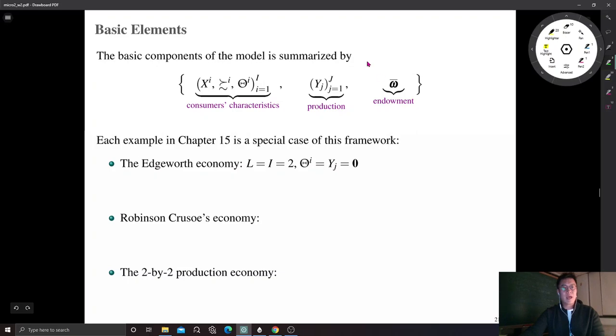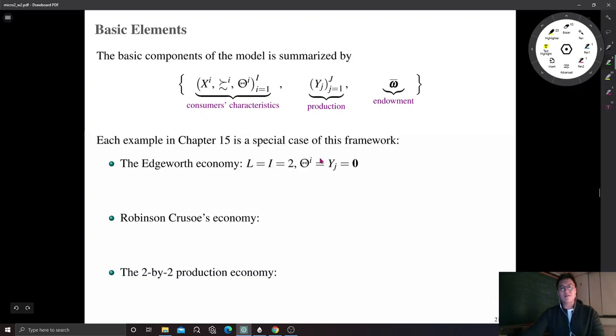All right. And the only examples we studied in chapter 15 are special cases of this general framework. So in the 2x2 pure exchange economy, there are just two goods, so the number of commodities is 2. And there are two consumers, so I is equal to 2.